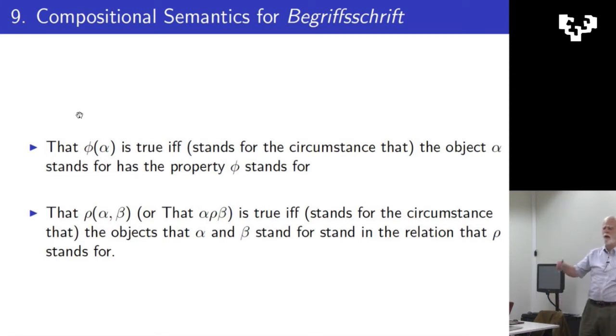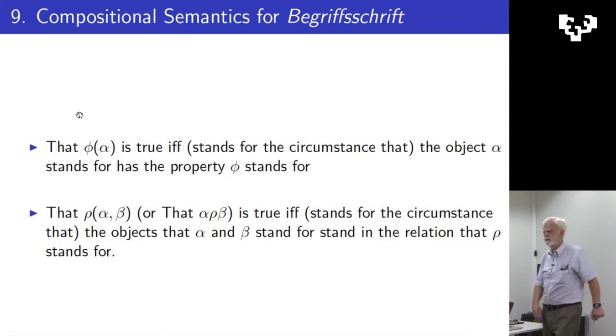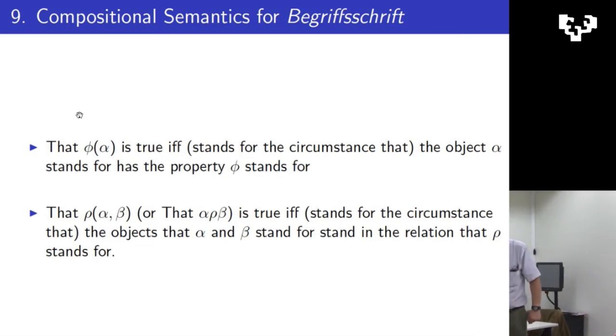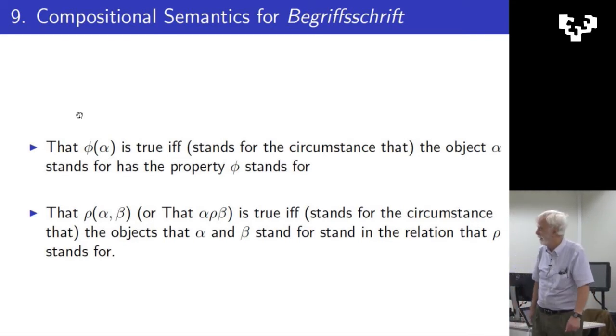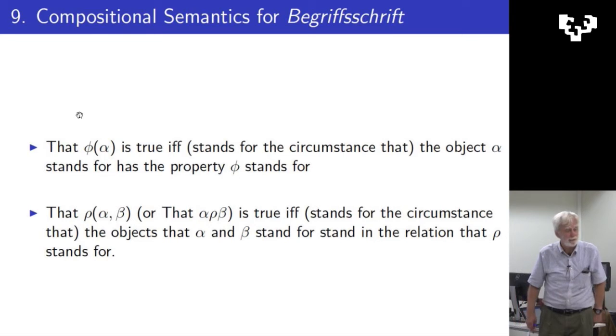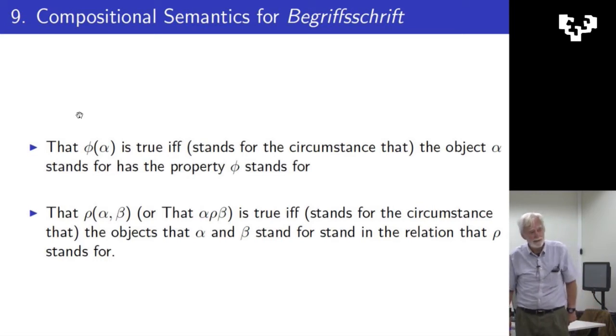You'd say, Frege, so Frege's the teacher, and he puts up this formula, and he says, David, under what conditions is that true? And you panic because you don't remember what he said alpha and beta and phi stood for, and then it occurs to you, that's true if the relation phi stands for holds between the objects that alpha stands for and the object that beta stands for.